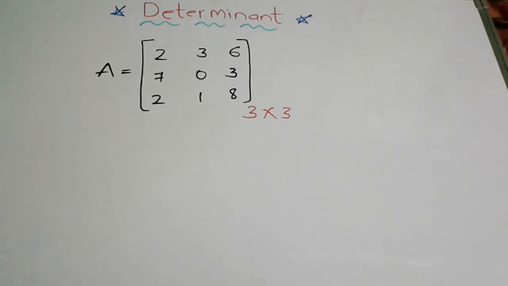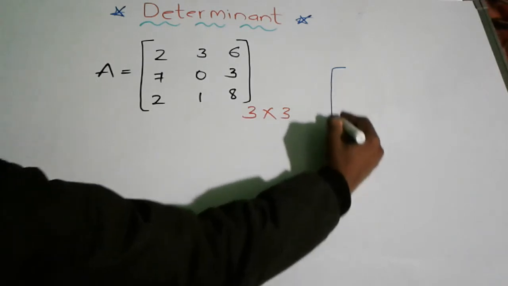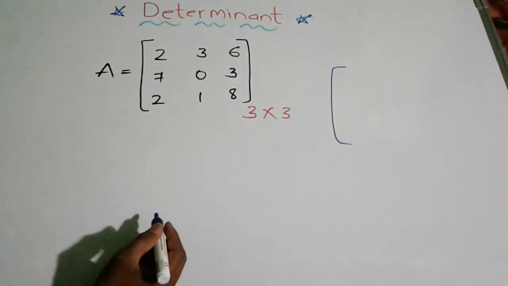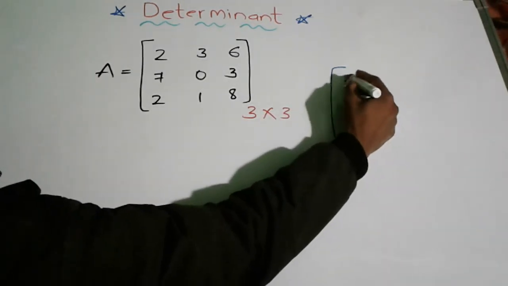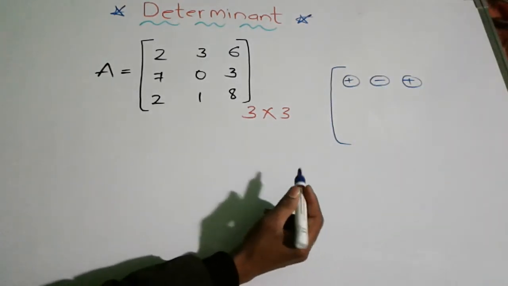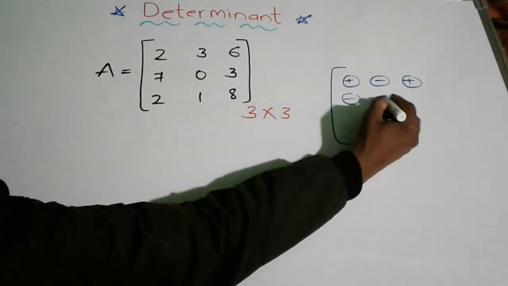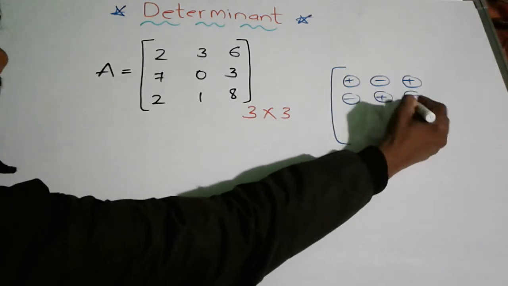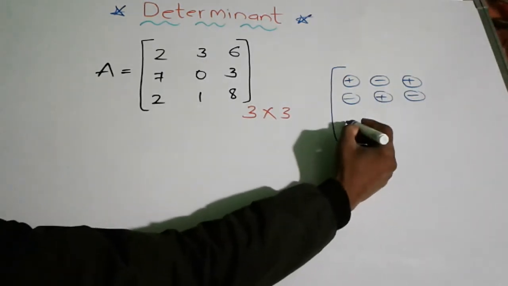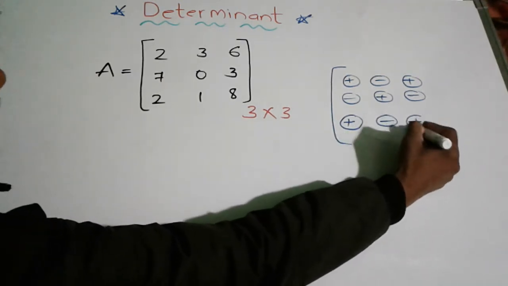To do this, first of all we have to know a pattern, and let me explain that quickly. That is plus, minus, plus, and then consecutively minus, plus and minus, so then we get plus, minus and plus.